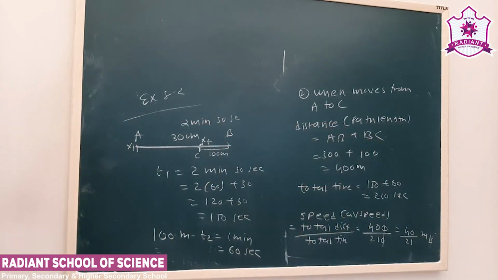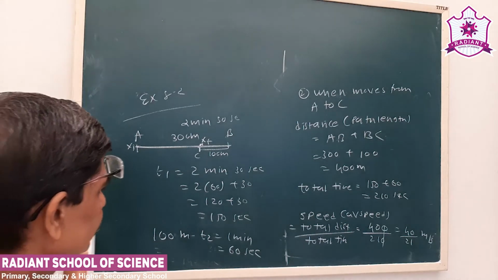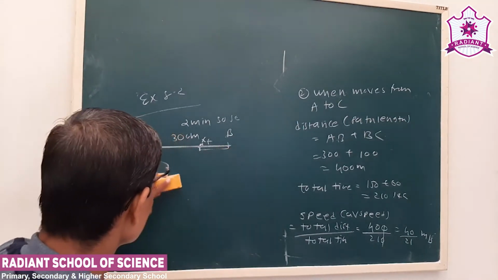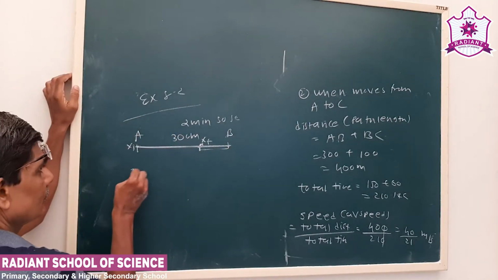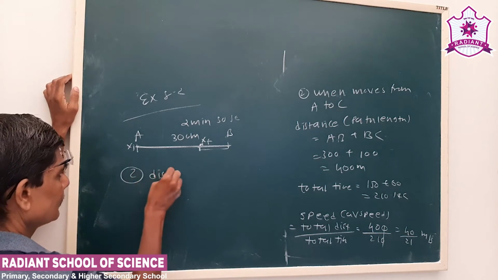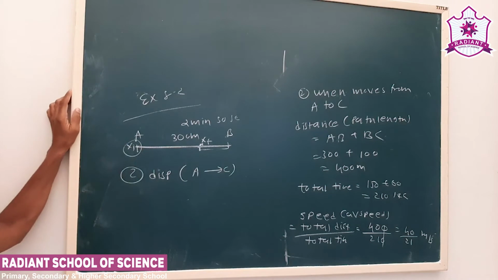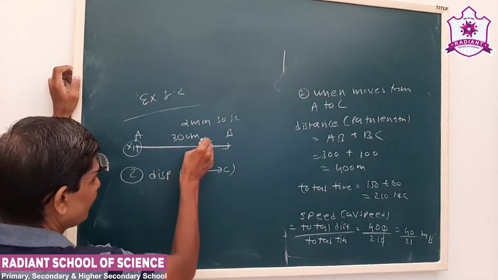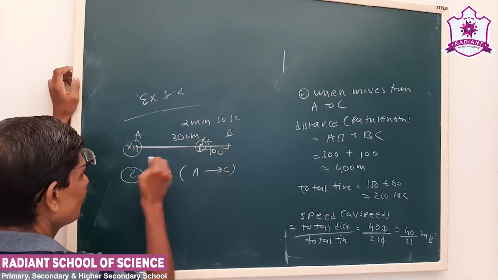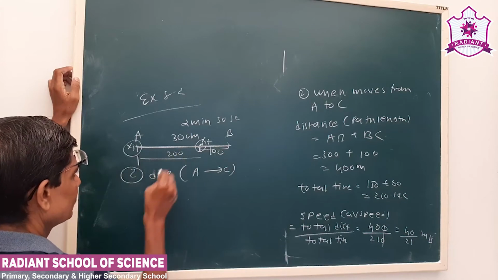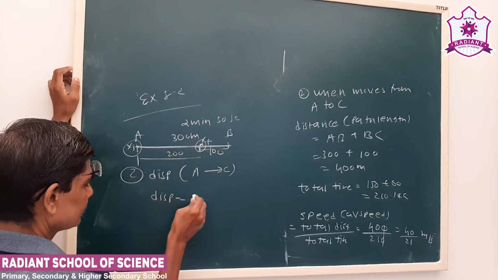Now the velocity part. Displacement in moving from A to C: A is the initial position and C is the final position. This is given as 100. So what will this be? 200 displacement.